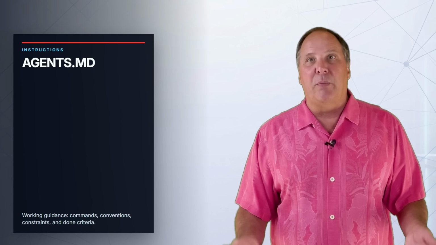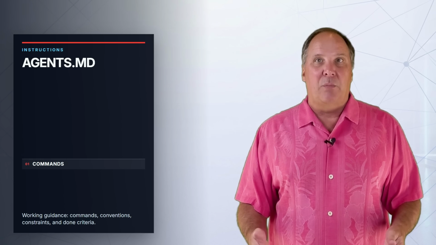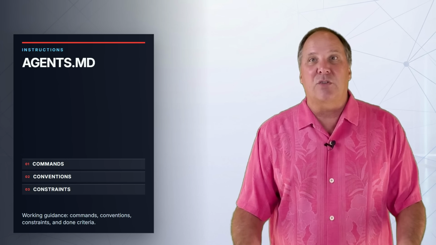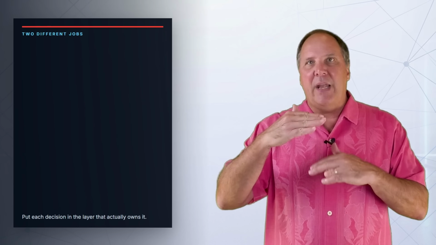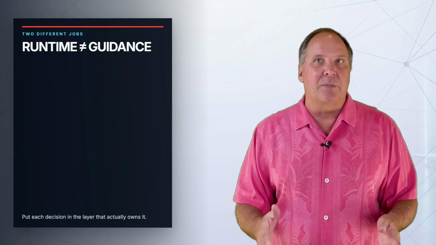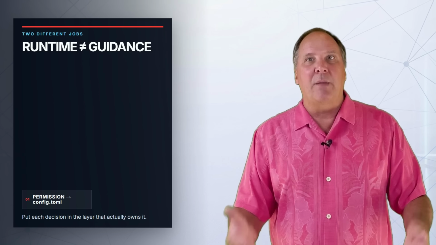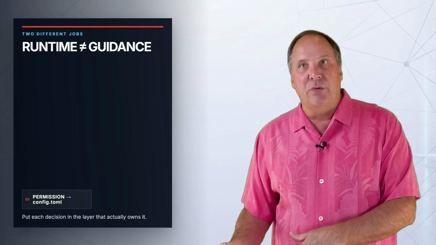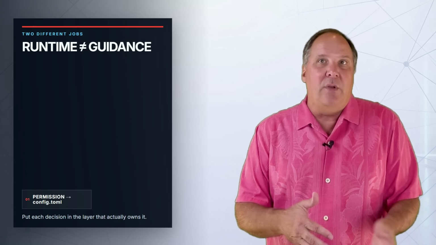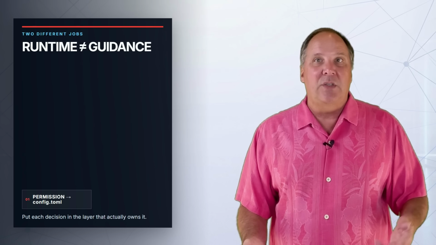AGENTS.md supplies durable working guidance, project commands, conventions, constraints, and verification expectations. Both are layered, but they solve different problems. Do not hide a runtime permission change in a prose instruction file, and do not expect a model setting to teach Codex your test command.